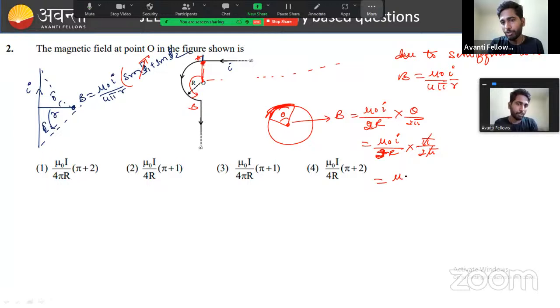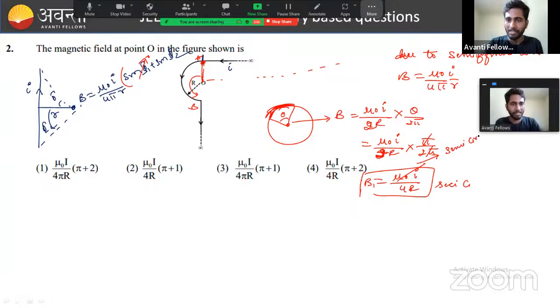The remaining thing will be mu naught I divided by 4r. This is the magnetic field intensity due to this semicircle.